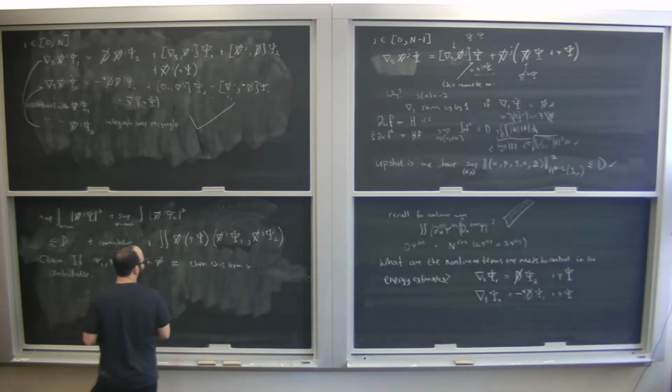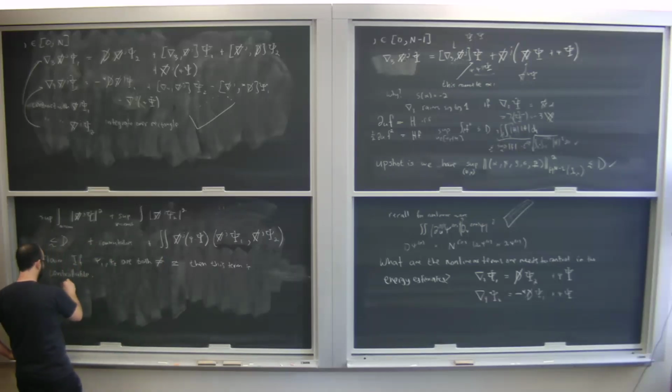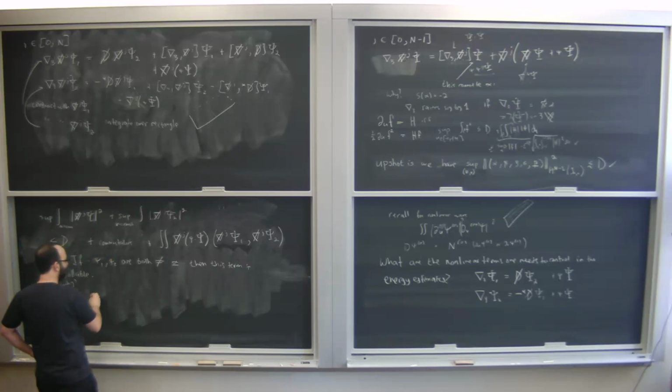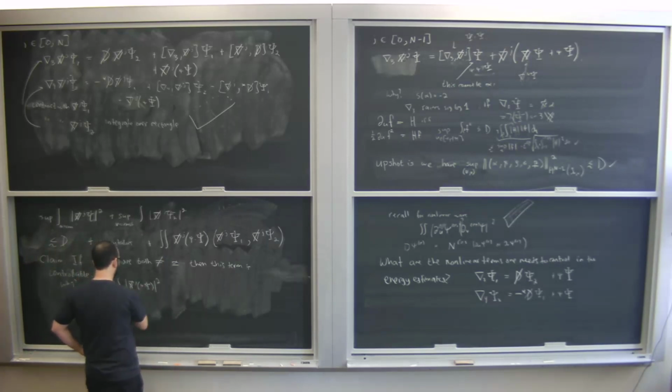Okay, so upshot. I'll write this and then we'll take our break. So why? First of all, I just say this is less than epsilon to the 1/2 times this, right?